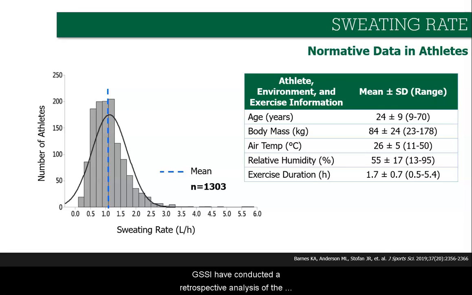GSSI have conducted a retrospective analysis of the athletes we've tested, and as you can see in this histogram, the sweating rates of these 1,300 athletes of various sports tested in a wide range of conditions is anywhere from about half of a liter per hour up to 2.5 or even 3.0 liters per hour in rare cases.